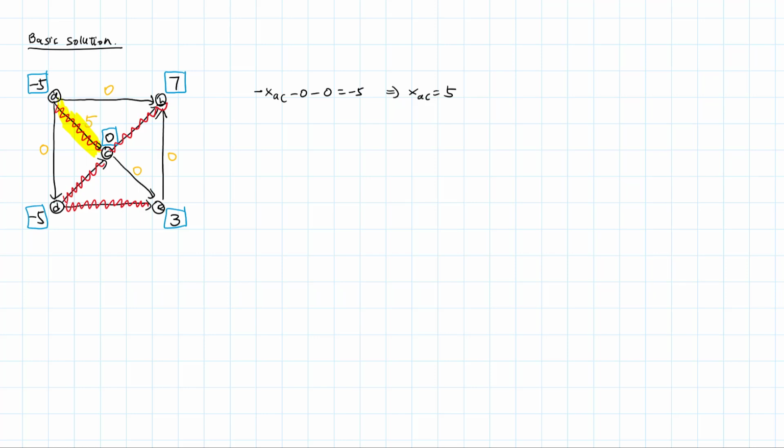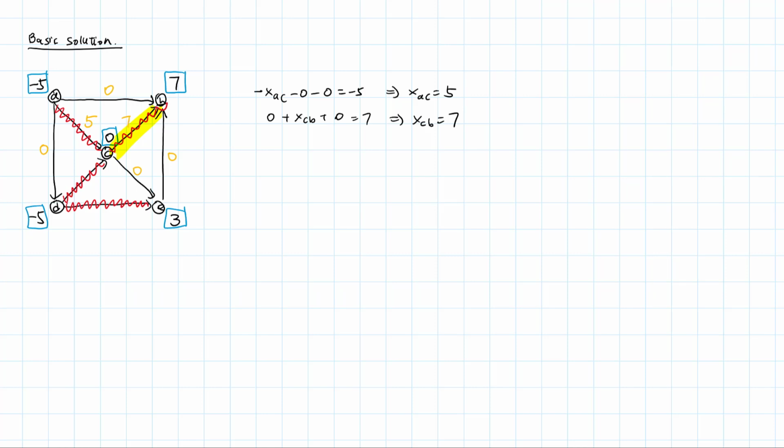Next, if we look at node B, we see that there is only one arc around it that is not determined. Looking at the flow constraints, we have 0 plus xCB plus 0 is equal to the node demand 7. So that tells us that xCB is equal to 7.